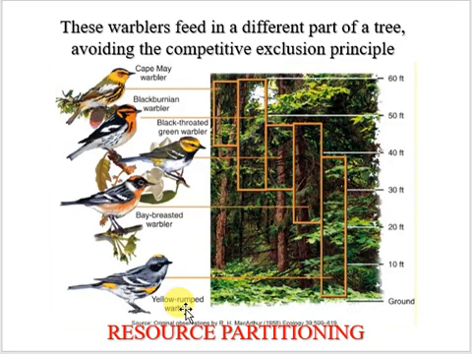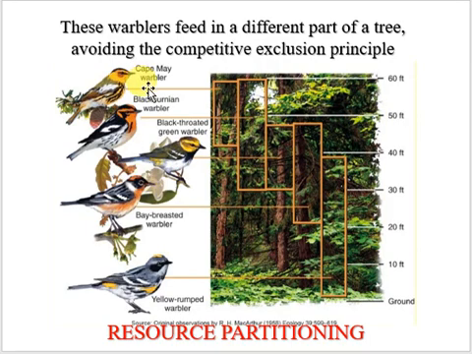A great example is with warblers. When you're looking at the entire vertical structure of a forest, these warblers coexist with one another because they feed at different areas within the strata. That's just the different forest layers.